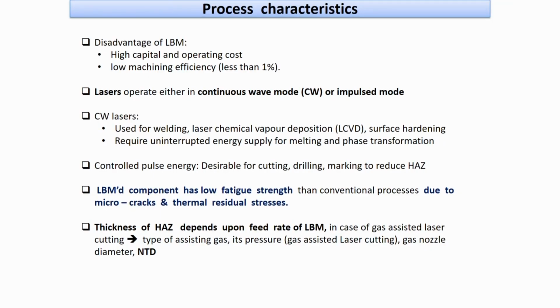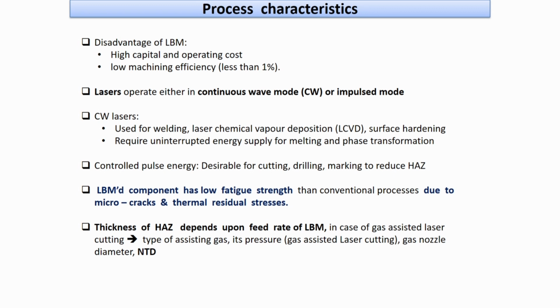These lasers can operate in the continuous mode or in the impulse mode. Continuous wave lasers are used for welding, laser chemical vapor deposition and surface hardening, where a continuous source of heat input is required.